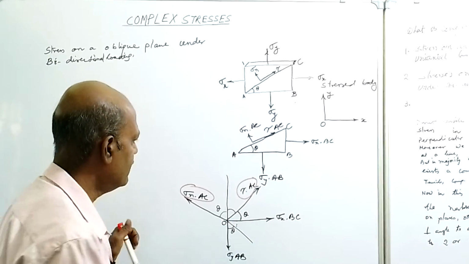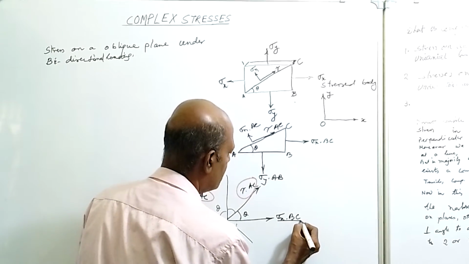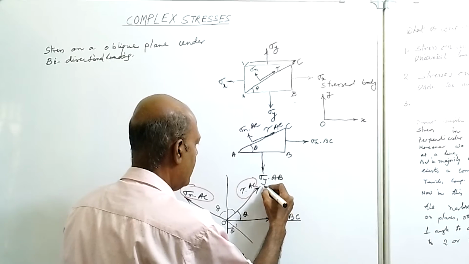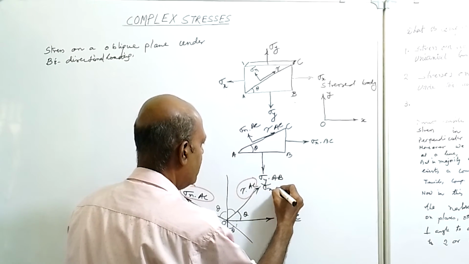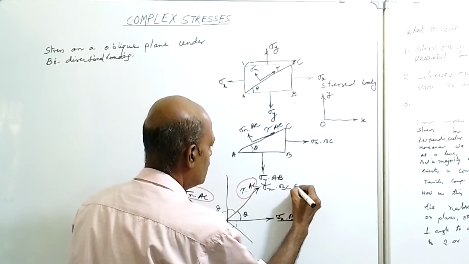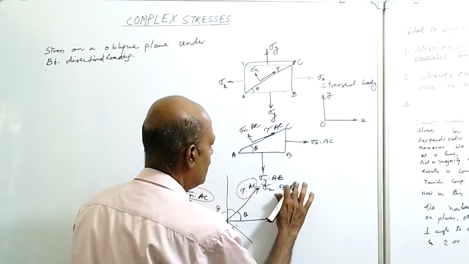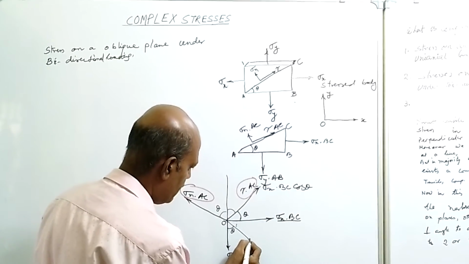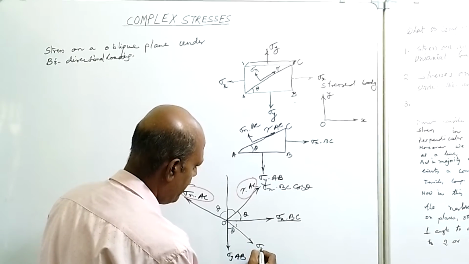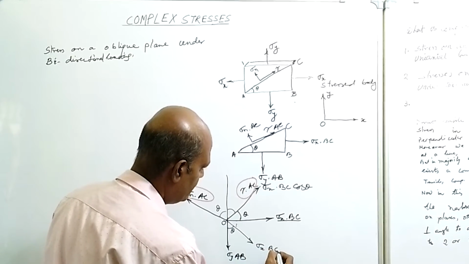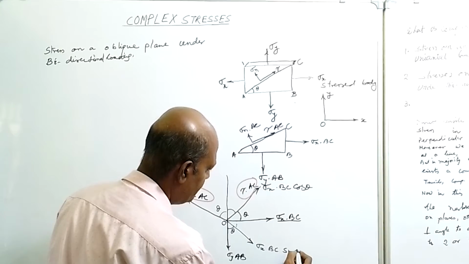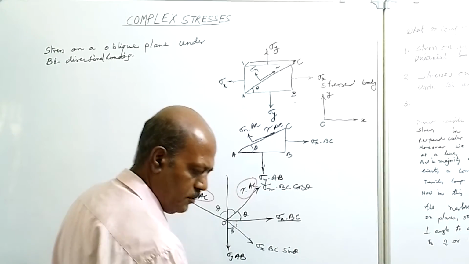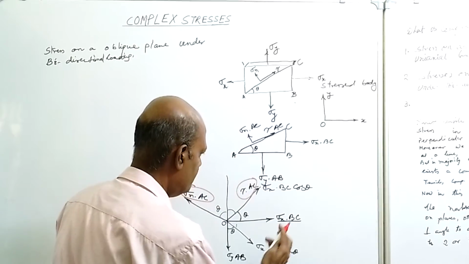So once this angle is theta, if we resolve this sigma x into BC into two components, one component here will be sigma x into BC into cos theta, and along this direction will be sigma x into BC into sin theta. So we have resolved this one, so we are removing this.